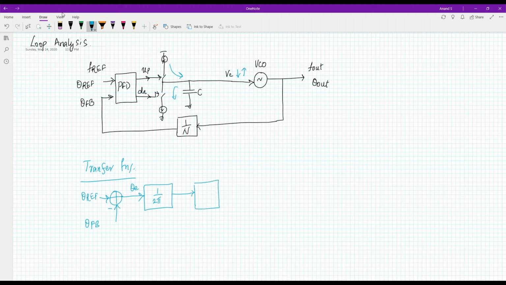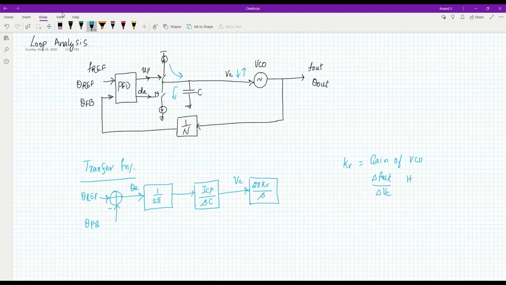The charge pump and capacitor combination has a transfer function which can be given by ICP divided by S times C. Then this generates the control voltage VC, which controls our VCO. The transfer function of the VCO is 2 pi KVCO divided by S. KV is the gain of the VCO, that is the rate of change of output frequency to the rate of change of control voltage.